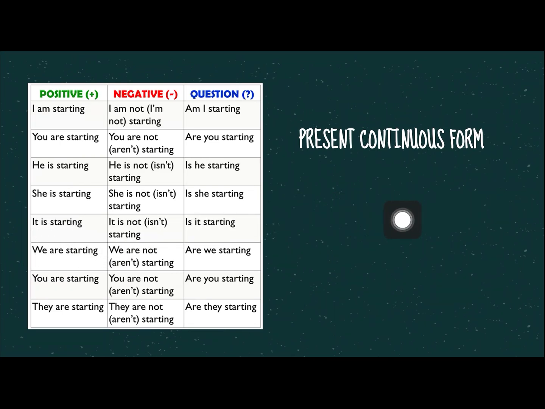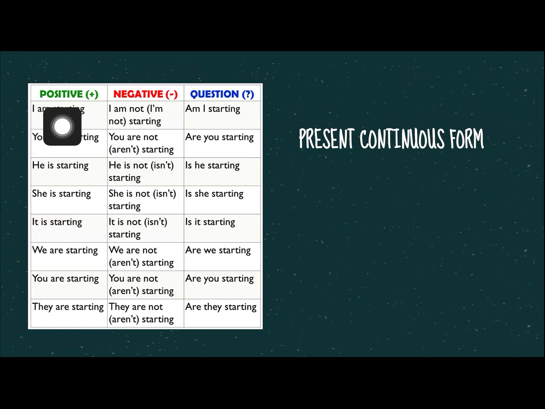But all the verbs need the ing form. Now how is it? The verb is, for example, here the verb is start, but with ing is starting. So in an affirmative way, in a positive, we have to say, I am starting.